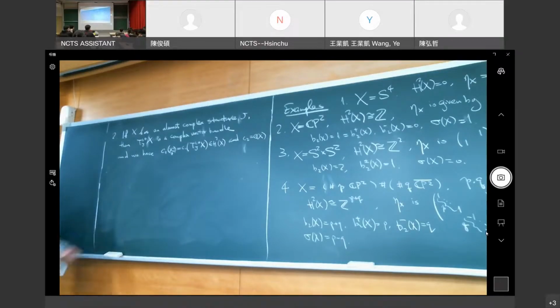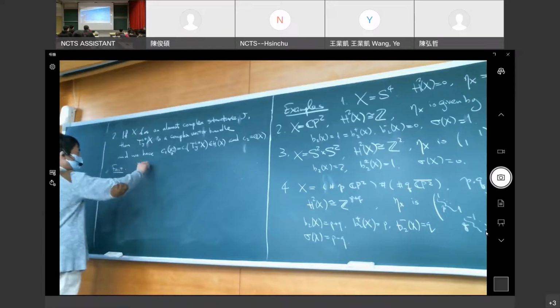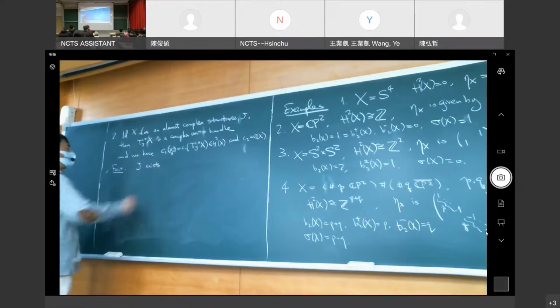The fact is that the almost complex structure exists.